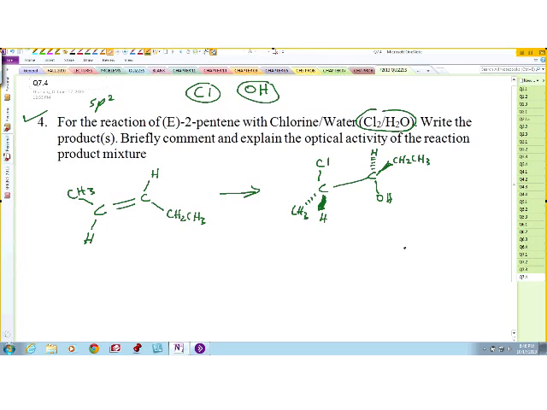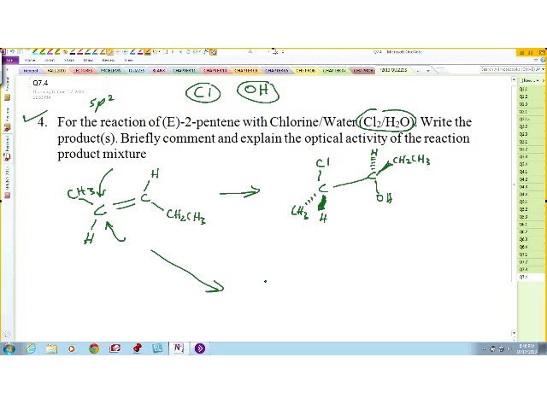Now the other product would be this one, because if the chlorine comes from here, there is nothing stopping the chlorine from coming from the bottom. So now we want to show the chlorine coming from the bottom. The first chlorine comes from here; the other possibility is coming from the bottom.